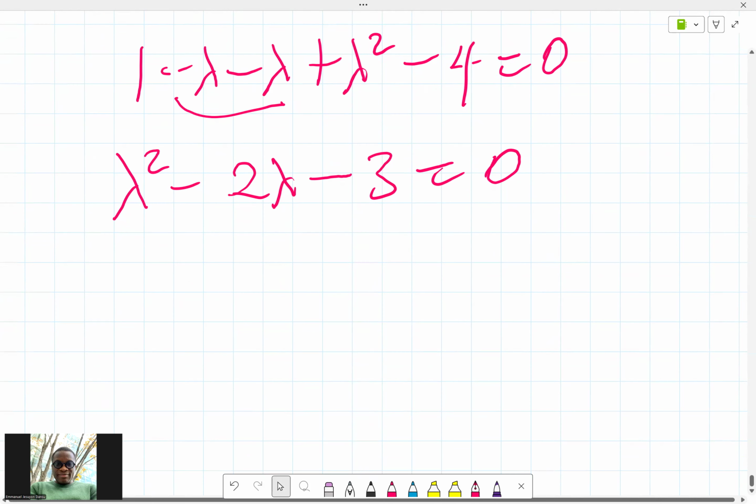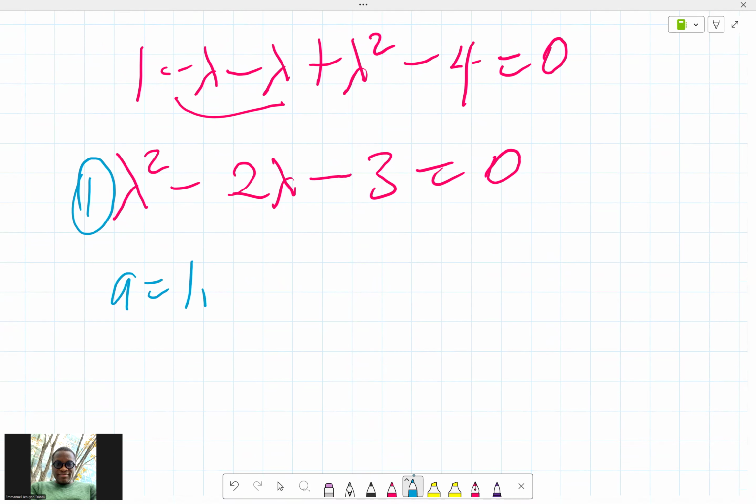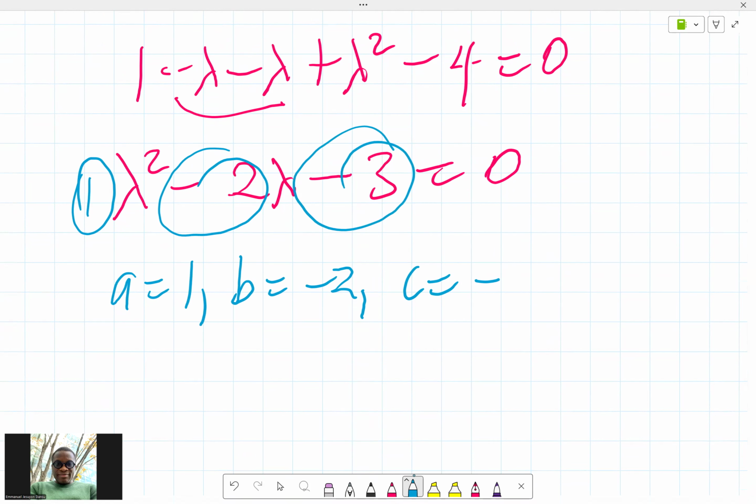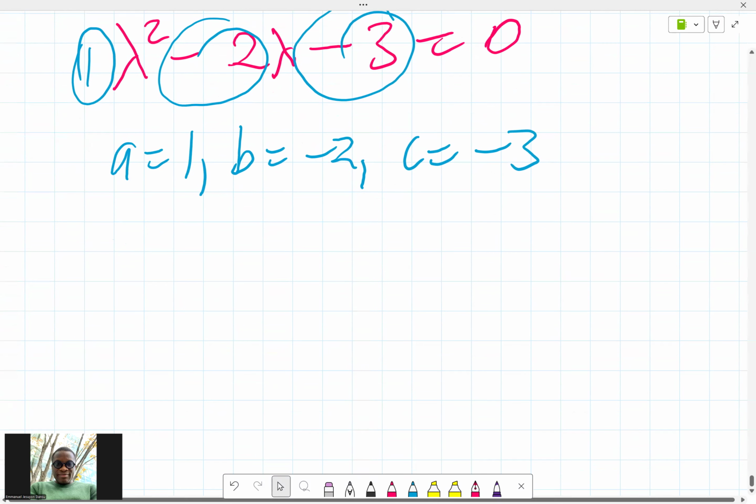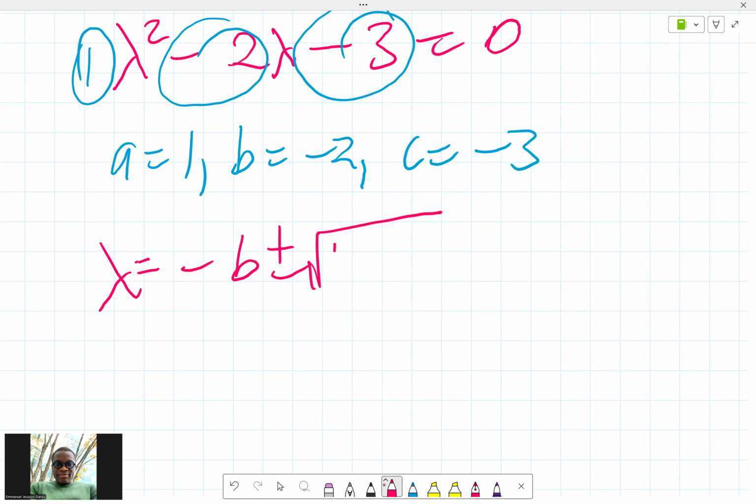So we need to factorize this, or we can use the so-called almighty formula. Here, the coefficient of lambda squared is 1, so a is equal to 1. The coefficient of lambda is minus 2, so b is equal to minus 2. And the constant is minus 3, so c is minus 3. So lambda is equal to minus b plus or minus the square root of b squared minus 4ac, all over 2a.